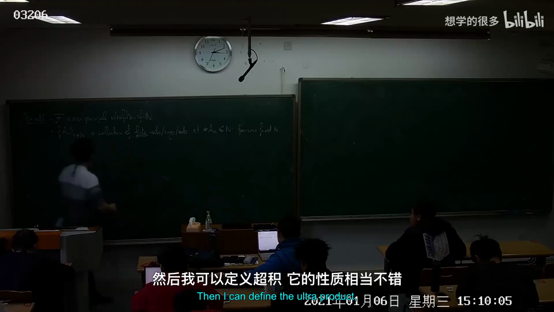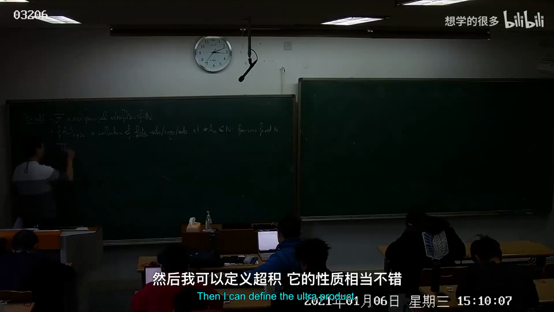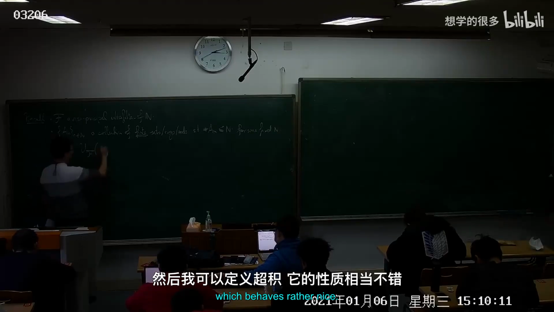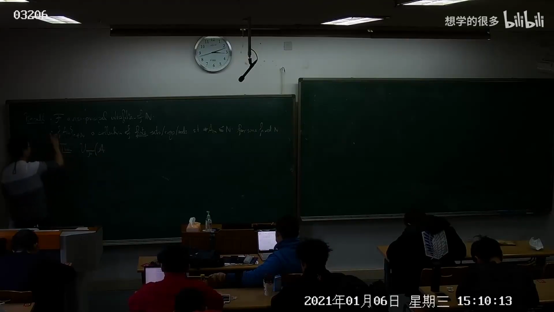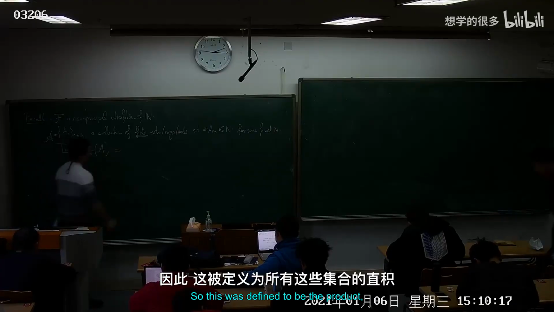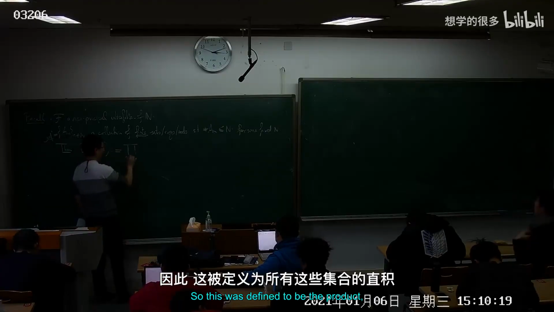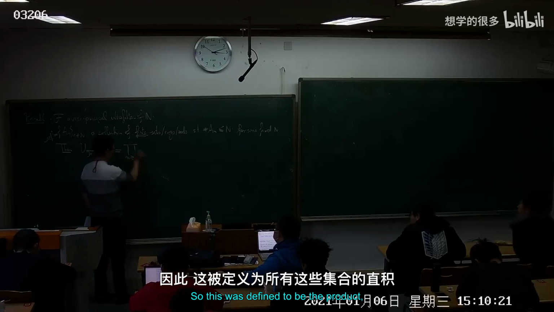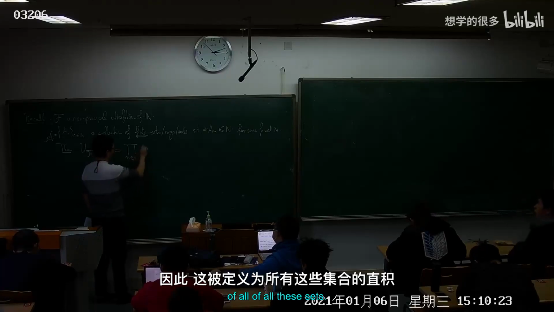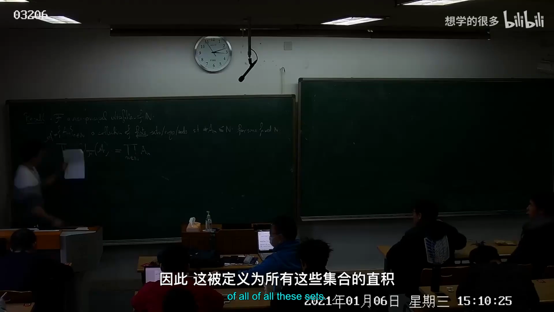Then I can define the ultraproduct, which behaves rather nice. Let me call it script A. So this was defined to be the direct product of all these sets.